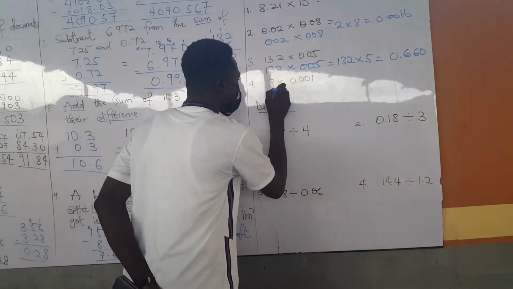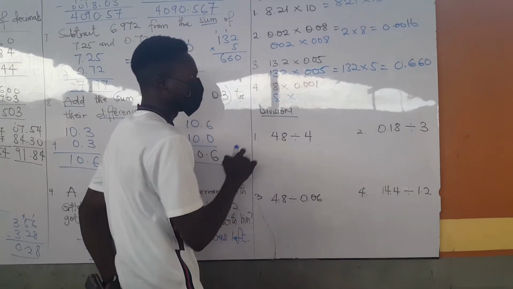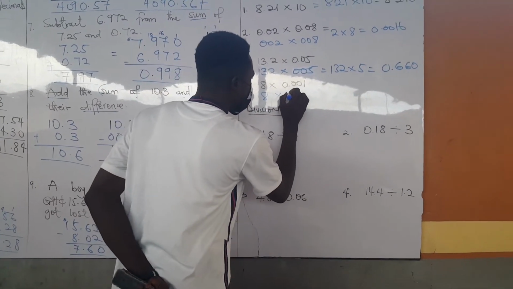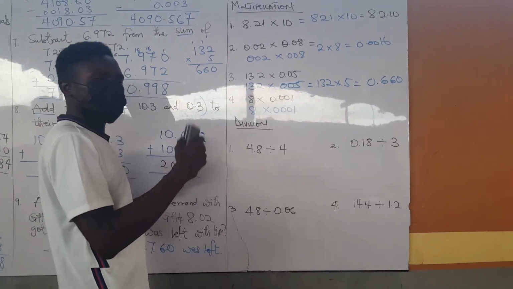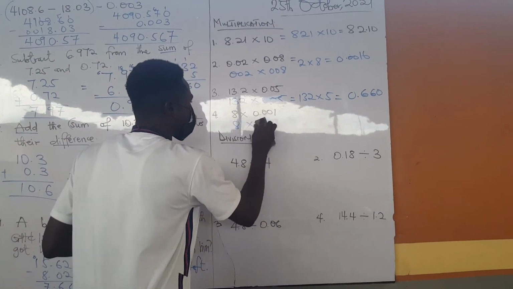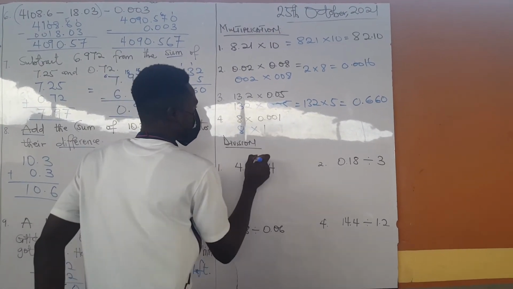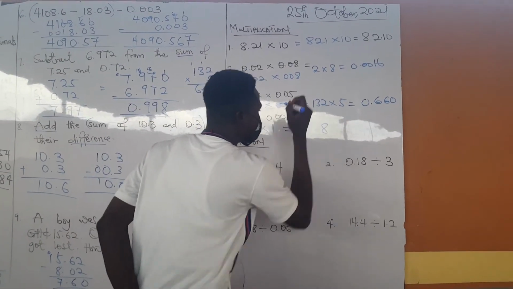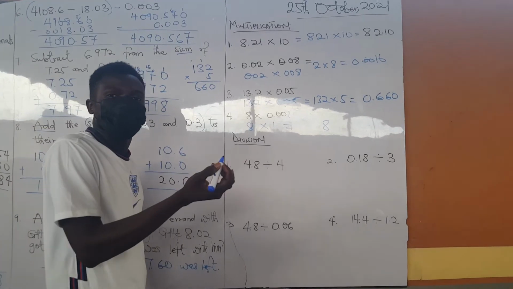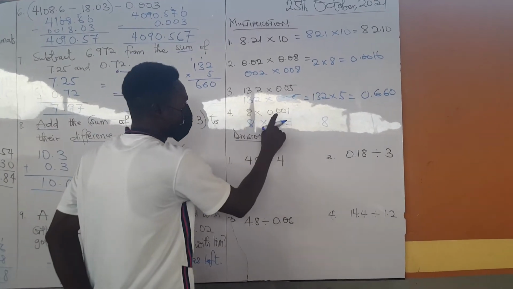Now let's look at number 4, the last one for multiplication. This is a whole number, so I have 8 times... Take off the decimal point, you are going to get 0001. And 0001 is the same as 1. So you do your multiplication, 8 times 1 is 8. How many numbers are after the decimal point? 3. 1, 2, 3.